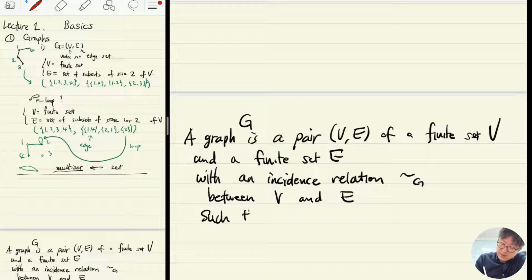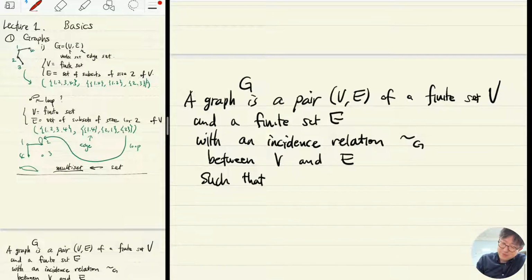There are so many ways to make a wrong definition, so I have to be careful. The incidence relation says when a vertex is incident with an edge.